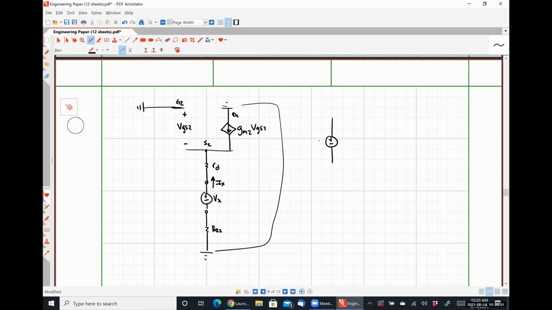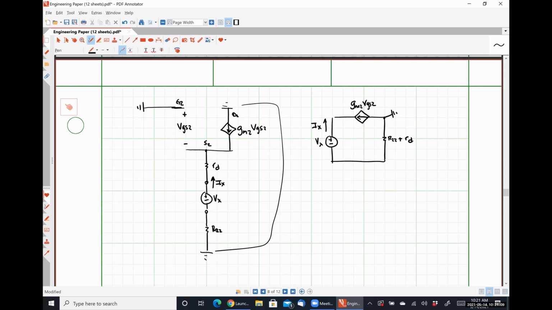is the following network. Here I have Vx, this is my current, Ix, then I have this guy right here, which is GM2 VGS2. This node right here is my ground, and so I can see that I would have R22 plus RD here, okay?